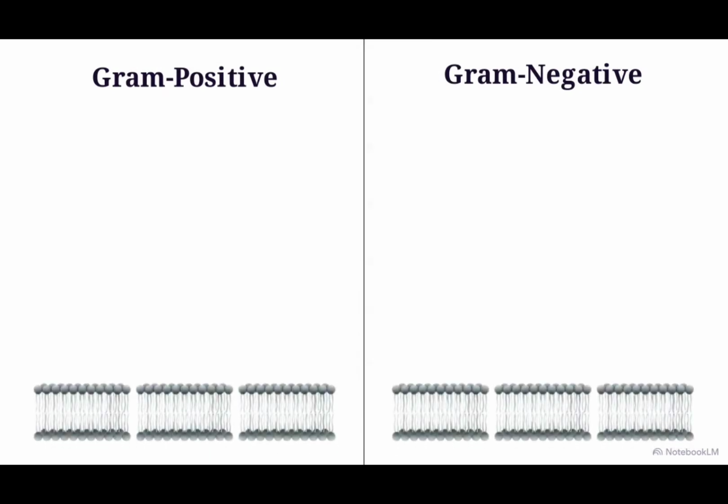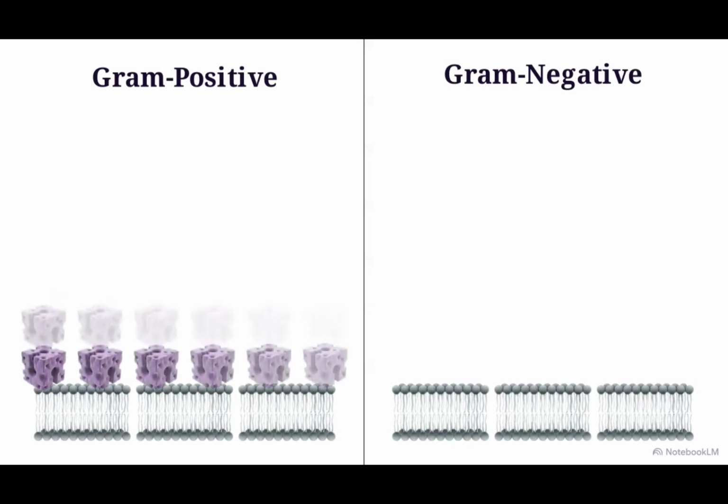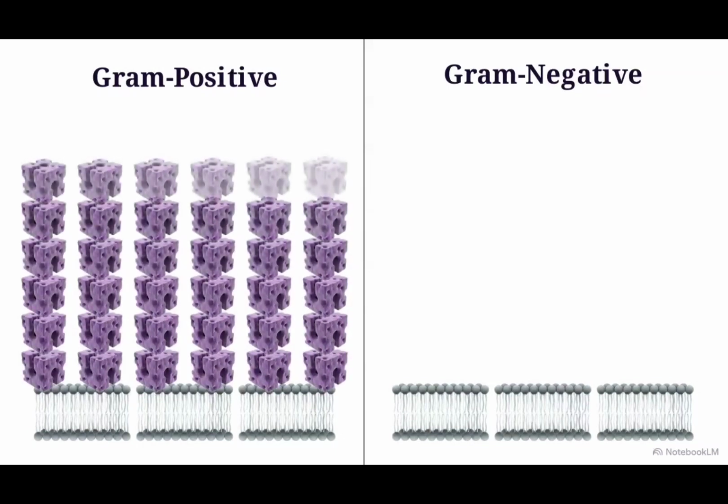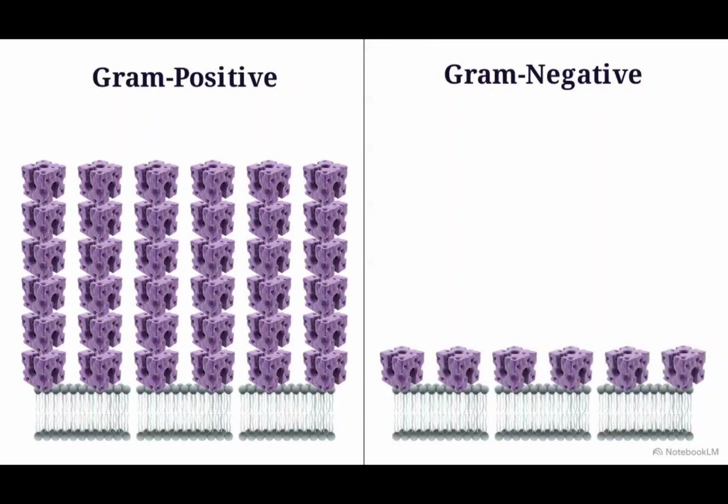On the gram-positive side, the cell builds a highly dense, multi-layered peptidoglycan matrix, reaching 20 to 80 nanometers thick. Because of this extreme thickness, the gram-positive wall is rigid and provides virtually no elasticity under physical stress. The gram-negative side relies on a single-layered peptidoglycan matrix.